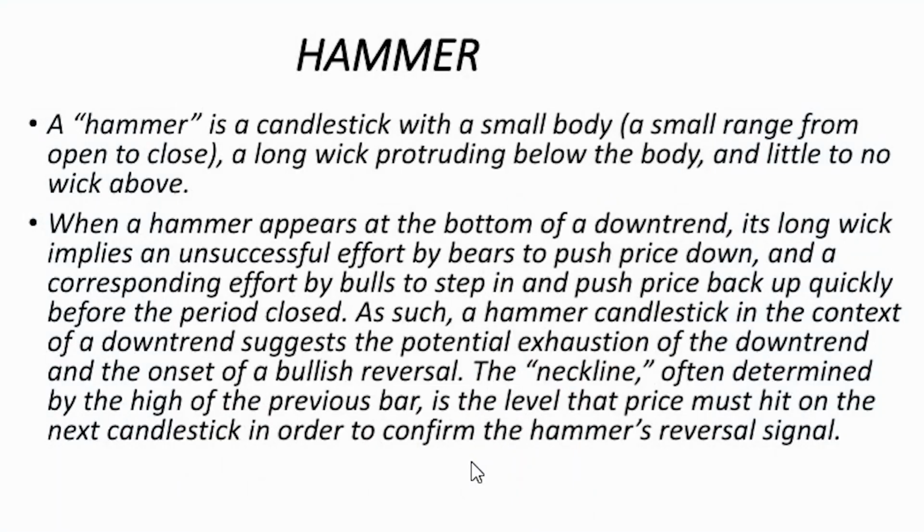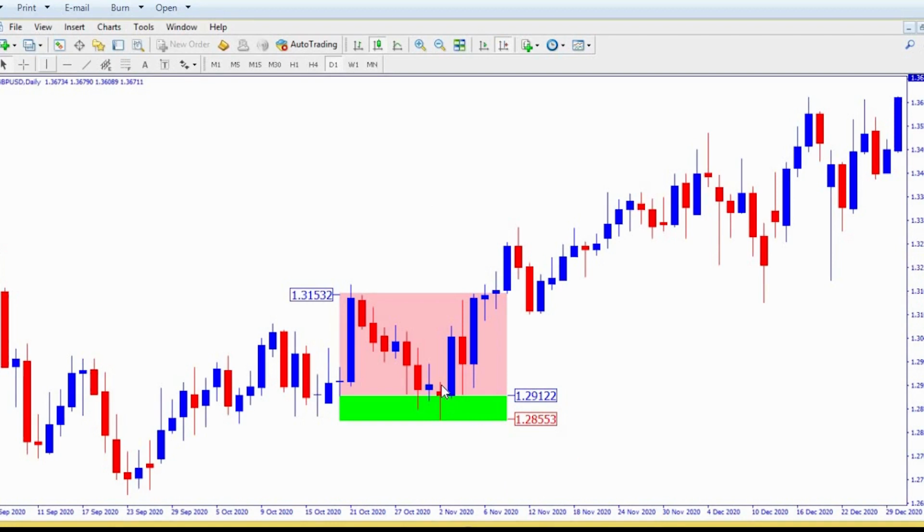Remember, it is stated that the hammer has a long wick projecting below the body, and little to no wick above. So you can see little or no wick above. So that is it. I will initiate at this point.